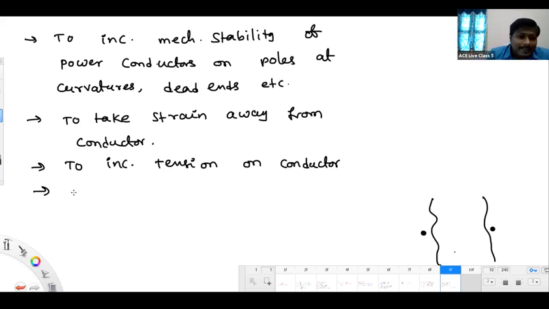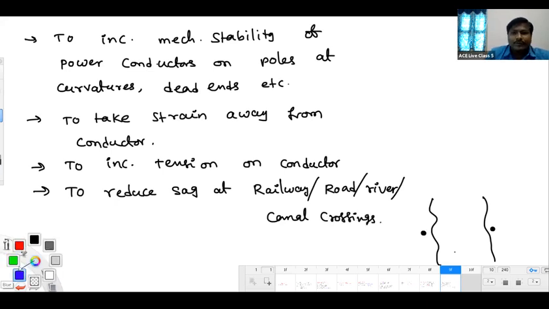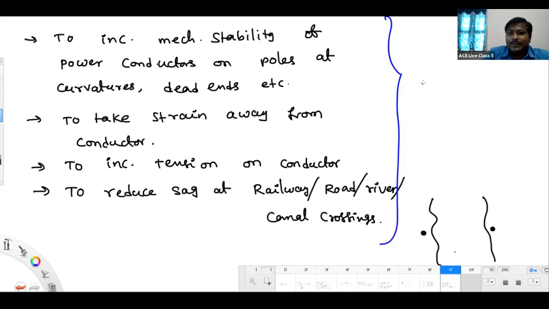Okay, so I can say to reduce the sag at railway crossings or road crossings or river crossings, or you can say canal crossings, we will be using that shackle type. So this is the purpose of using the shackle type insulator.